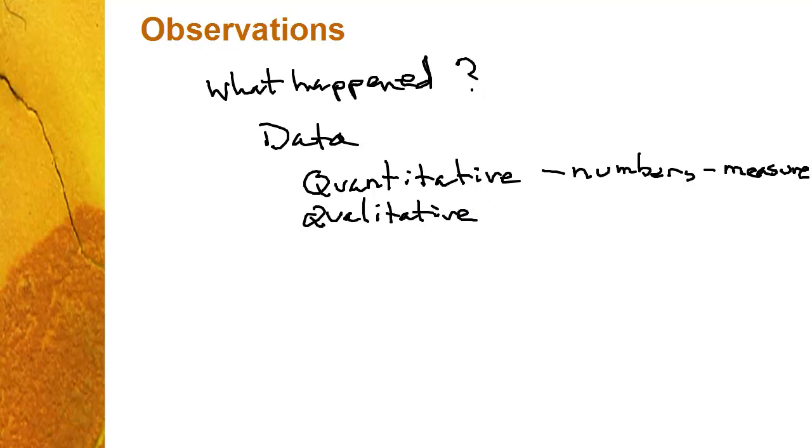All right, in this next step, that becomes a little bit more difficult. Analysis, right? This is where we take our data and we analyze the data. And the best way to analyze numerical data is through graphs, right?